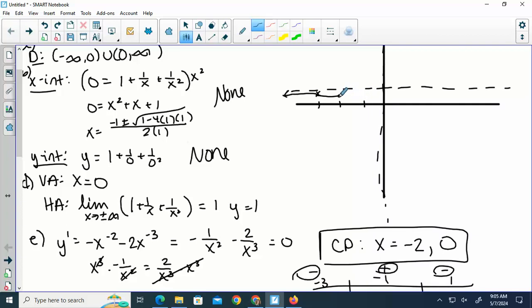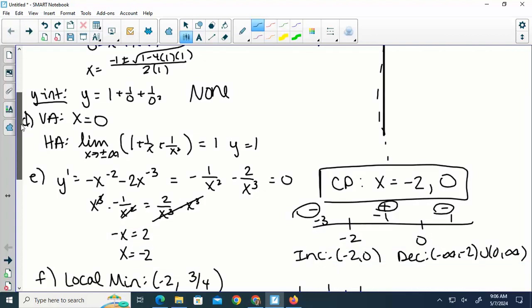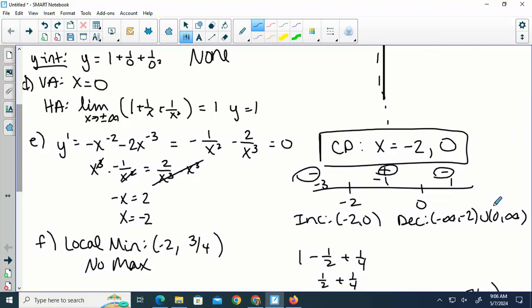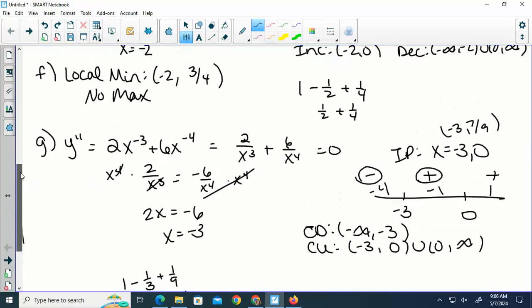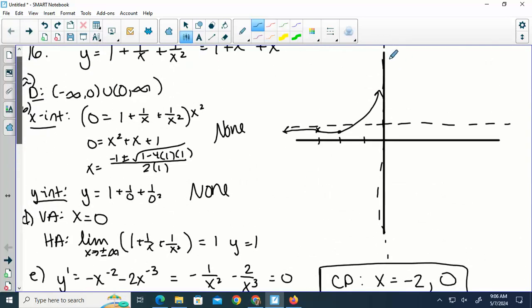Okay, we're staying concave up, but our graph is increasing. And then we check after that, our graph is now decreasing and concave up. So it's falling, but curved upward. Look like this.